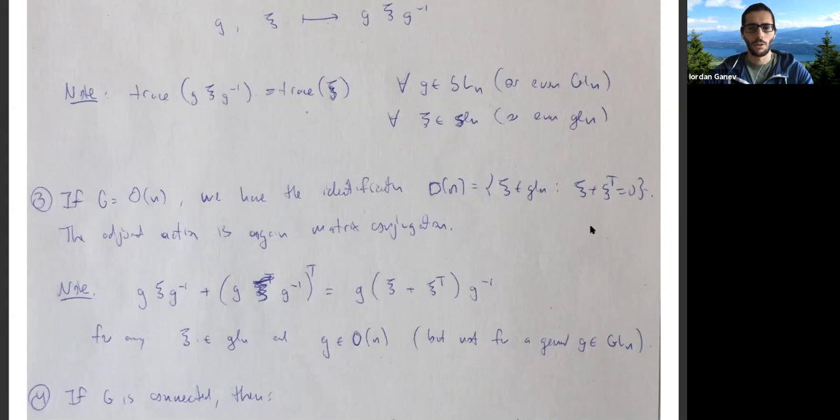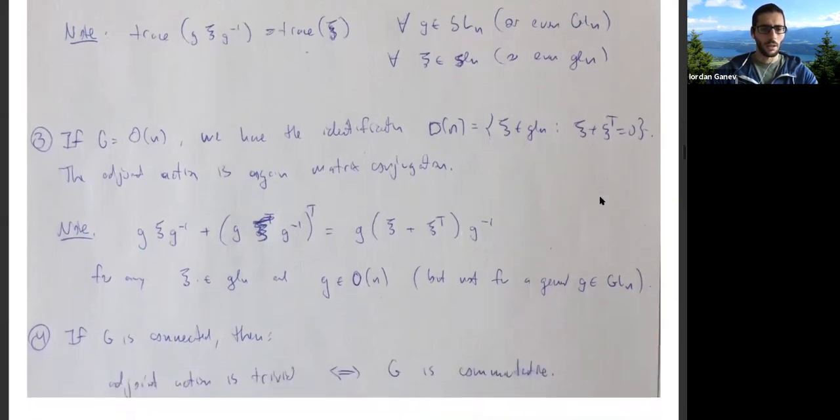It's not true that this condition is preserved when conjugating by any matrix. We need to be conjugating by an orthogonal matrix for this condition to be preserved. So that's the orthogonal group example.